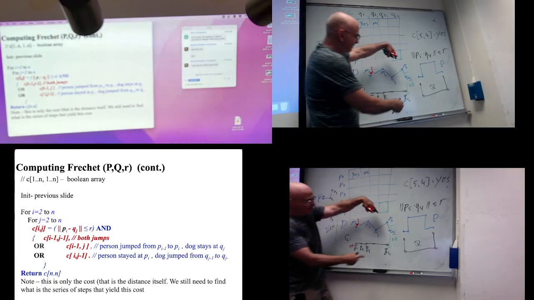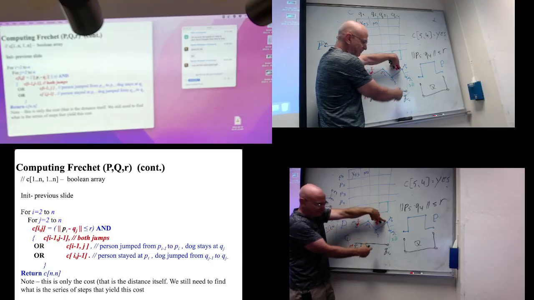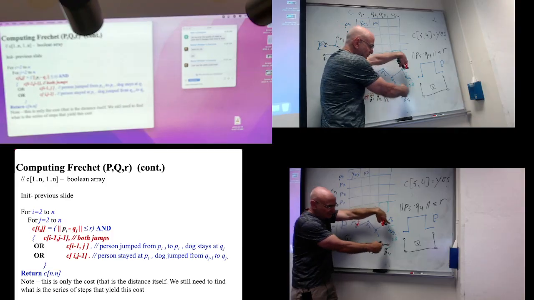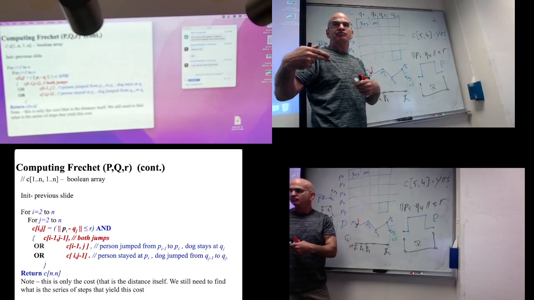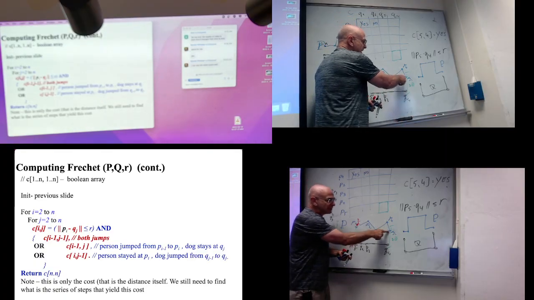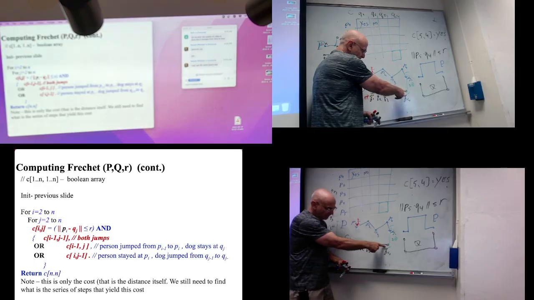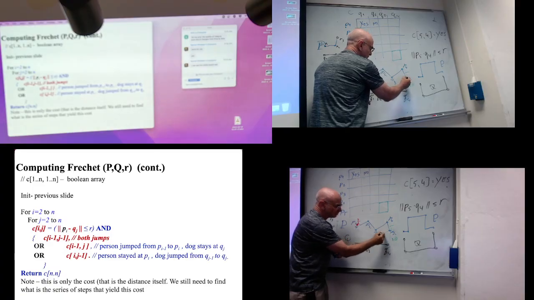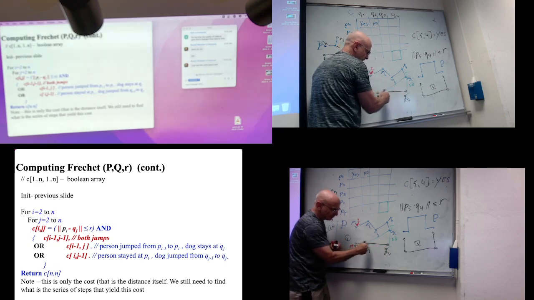Possibly one time step ago, the person was at P4 and the dog was at Q3, and both of them jumped in the last step. That's one option of what happened in the last step. Another option was the person was already at P5 and the dog jumps from Q3 to Q4.